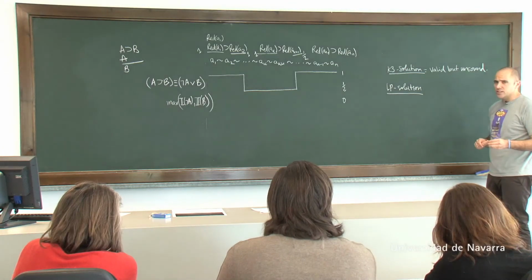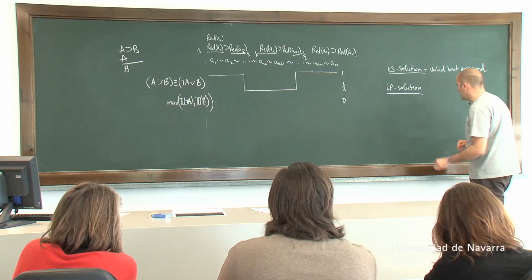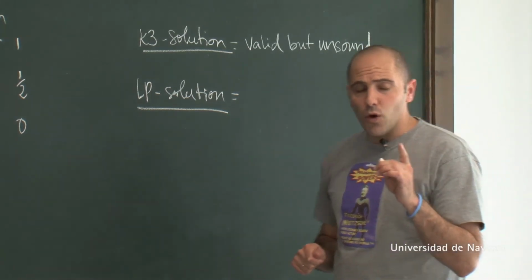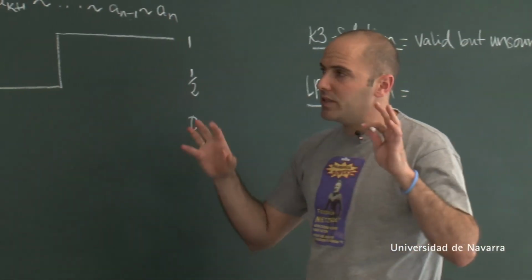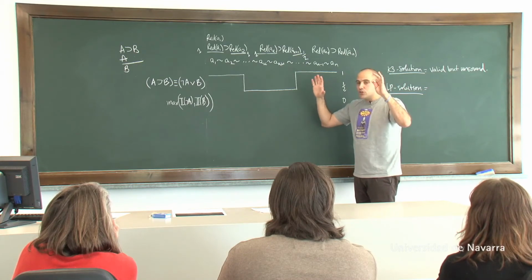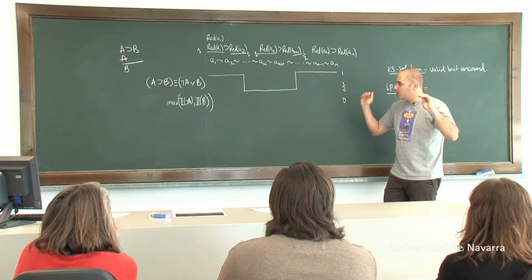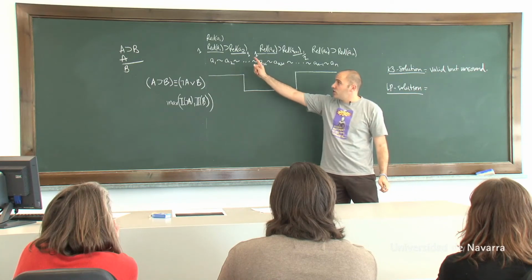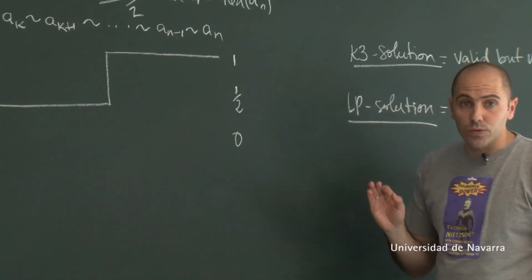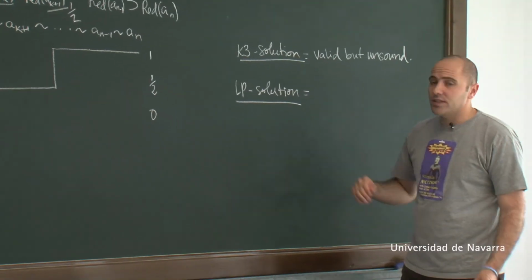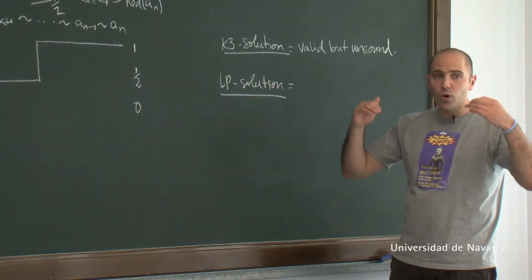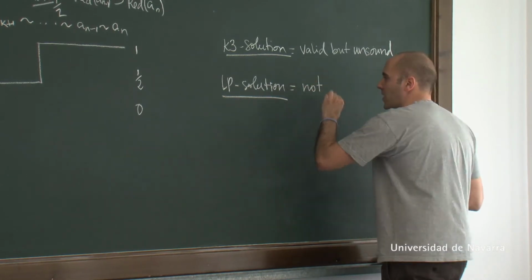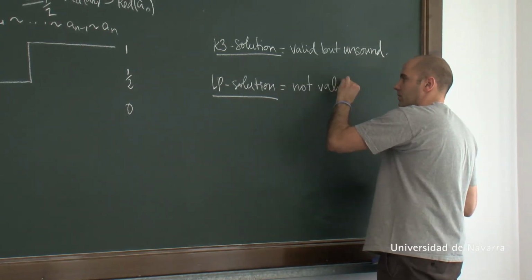Okay, the second solution is the LP solution. So in this case, for LP standards, if you remember, being true means taking value more than 0. So for LP standards, all these conditionals are actually true. What happens in the case of LP is that although all the premises are true, the reasoning in the paradox is not valid.